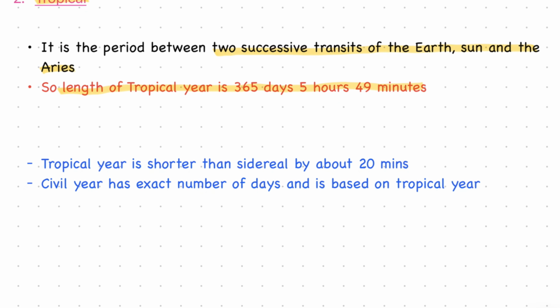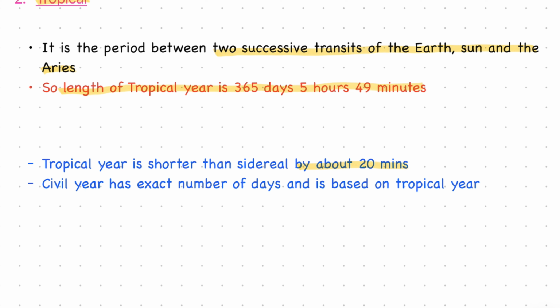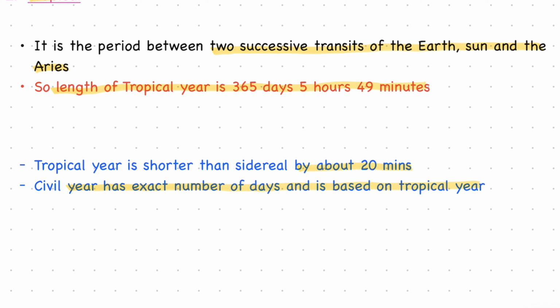The tropical year is shorter than the sidereal year by 20 minutes, and the civil year has an exact number of days and is based on the tropical year. The civil year is the year we follow, our regular year, which is the same as the tropical year, 365 days, 5 hours and 49 minutes.